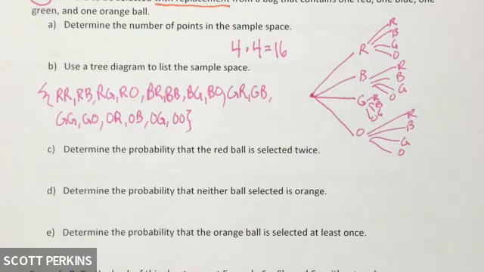Okay, so then finish out the three probability problems. Now you've got the whole sample space, so you can identify the probability of those different events happening.